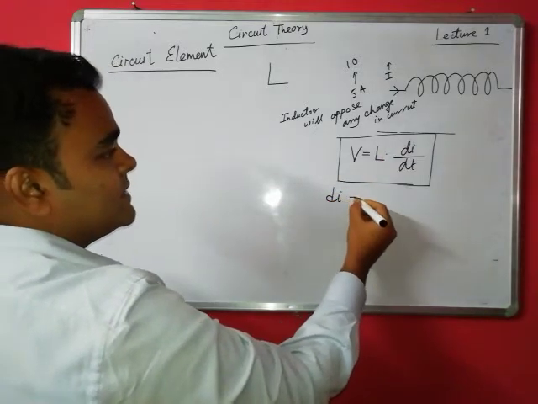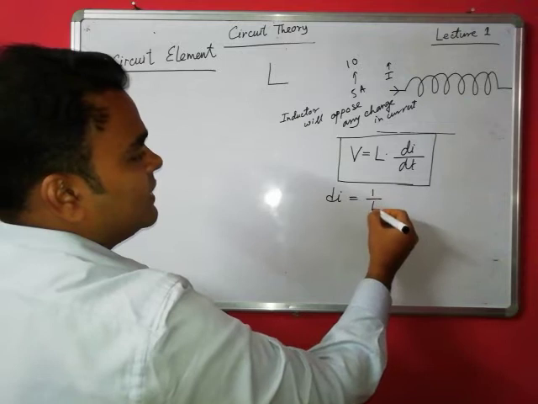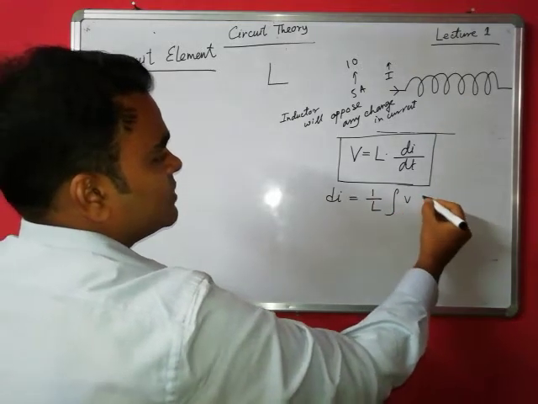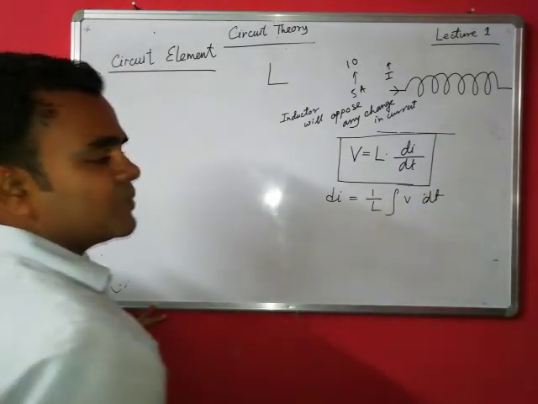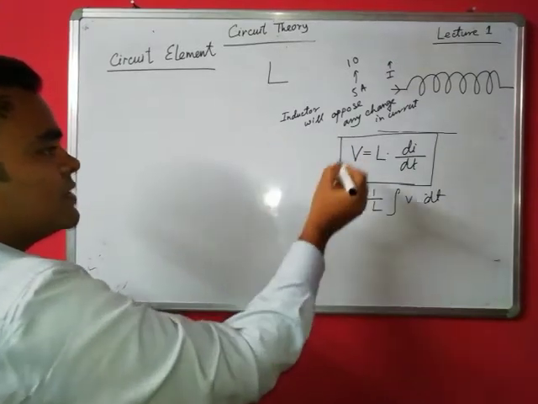di is equal to 1 by L integral v dt. Okay, so we have to integrate it.